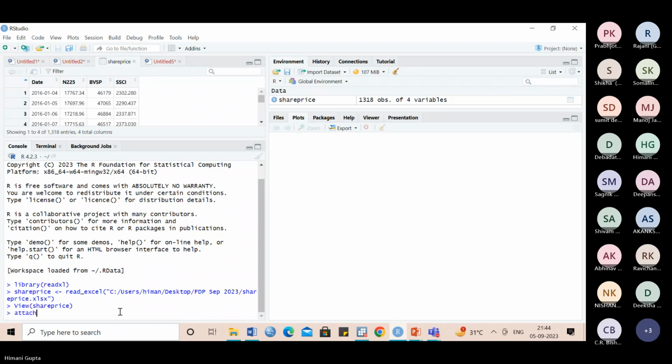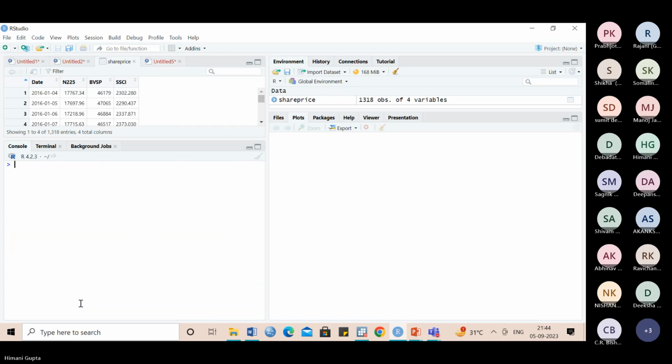Attach it. Now let me load the tseries package.